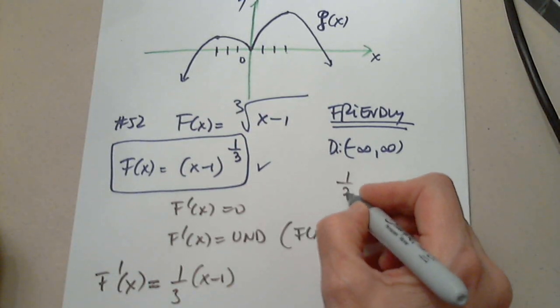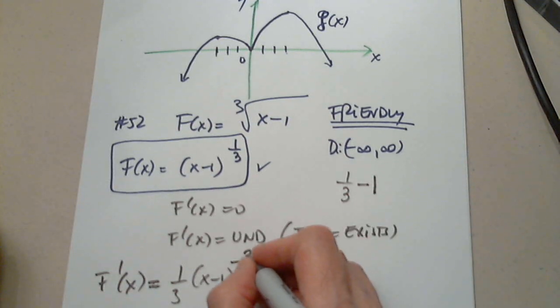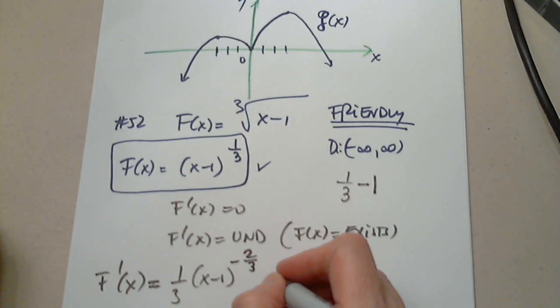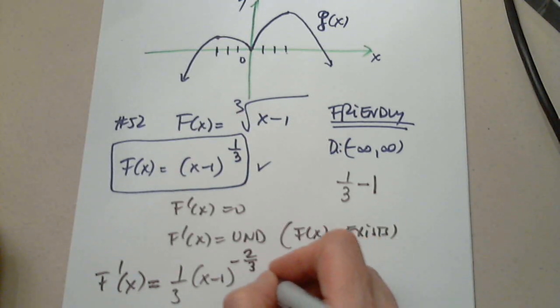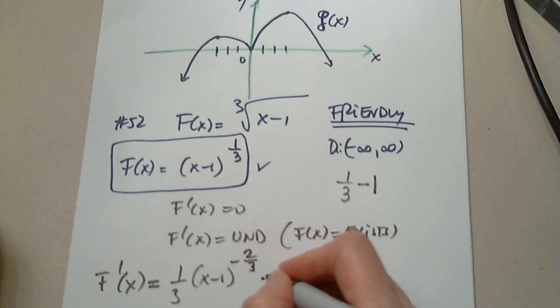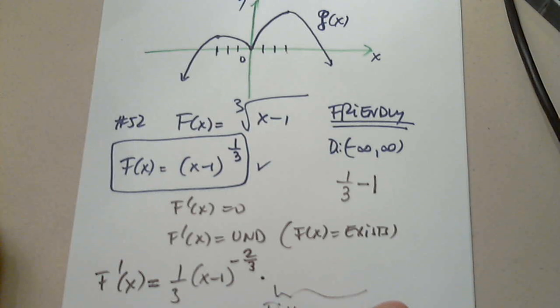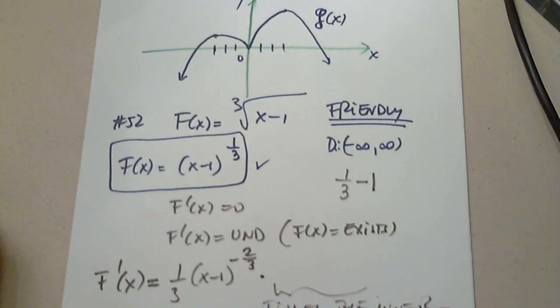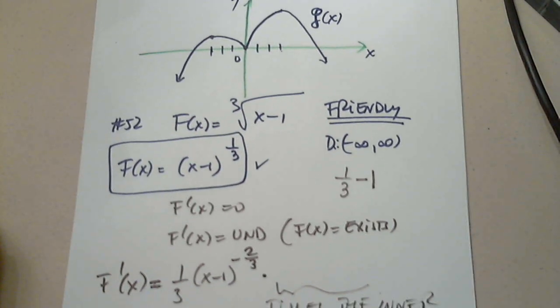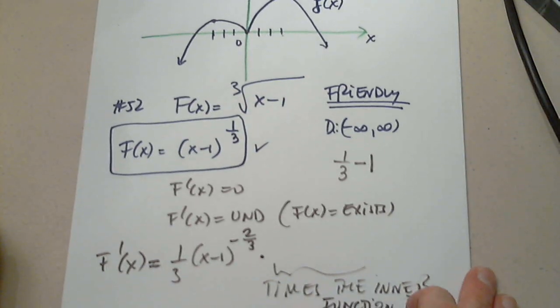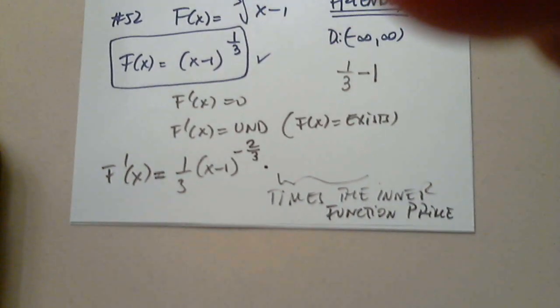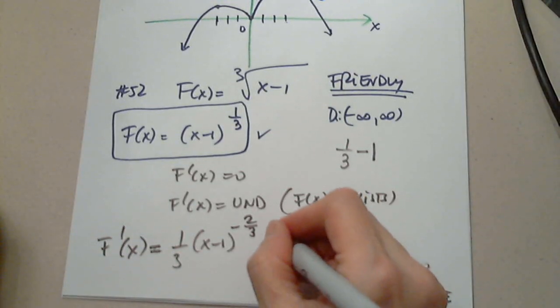We can write it on the side. -2/3. Very good. And the key words now, times the derivative of the inner function prime. The key words are times the inner function prime. It happens that the inner function prime for this problem is 1. So we don't have to do anything.